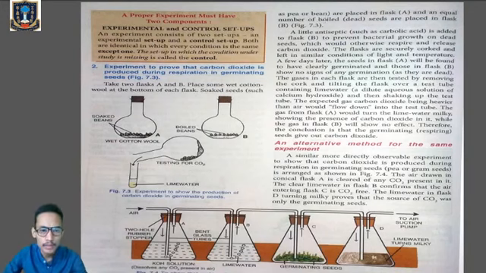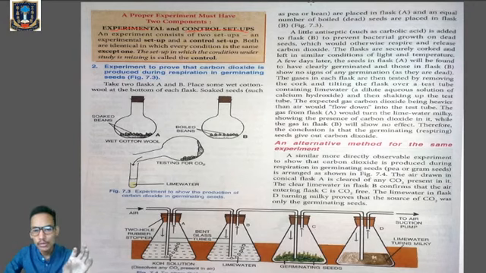Those two setups are known as the experimental setup and the control setup. Clear? So before conducting any experiment we must have two setups: one is the experimental setup and number two is the control setup.